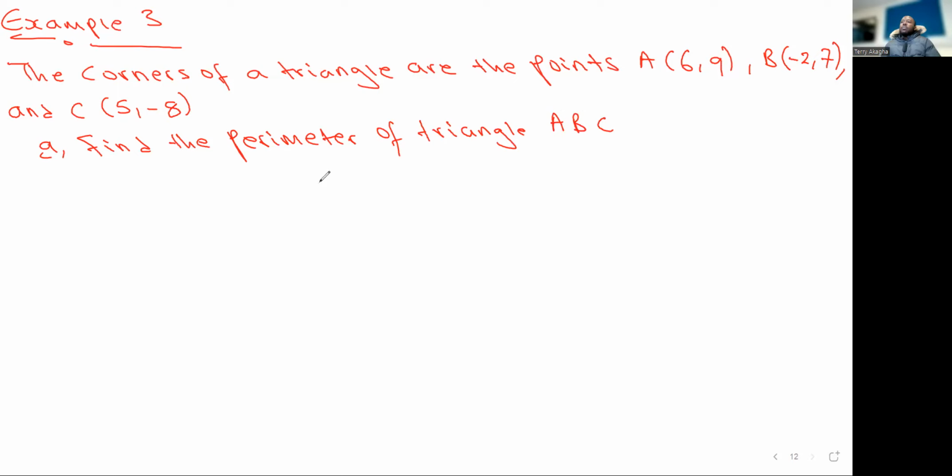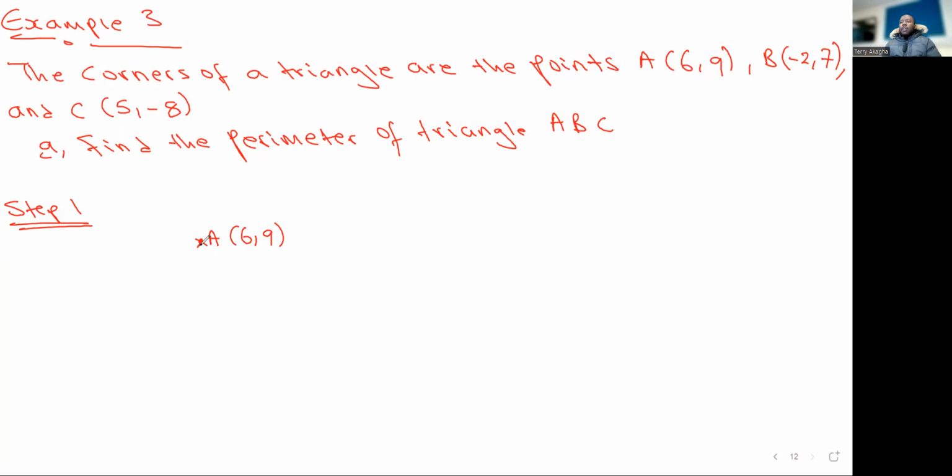Okay? So like I told you, step 1, if you want to, you can sketch it so that you can have a good picture about it. You can plot it if you want to, but sketching it should be fine. Okay, so I'm going to just sketch this, but not to scale. So this is, let me call this A. Point A, we have 6 and 9.